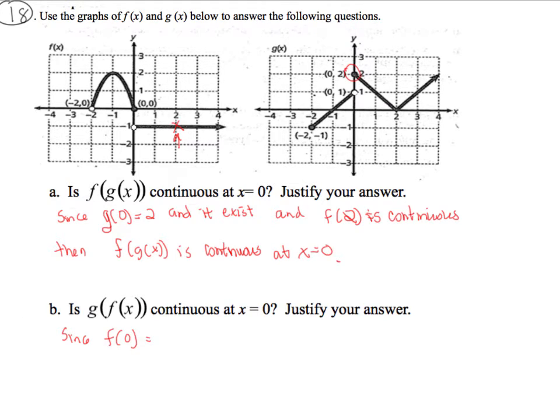Looking at part B, let's go the other direction. So we're going to start by finding what f of 0 is. Looking at our graph, since f of 0 is equal to 0, then g of f of x is equal to g of 0.